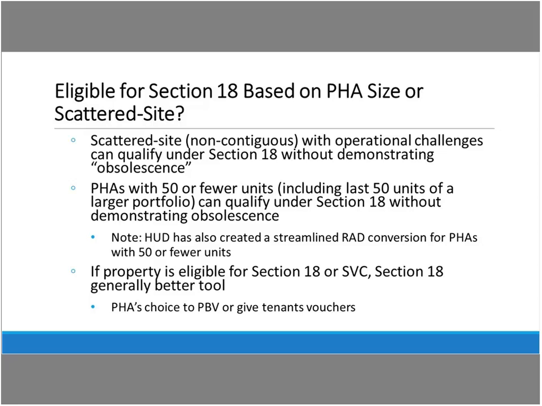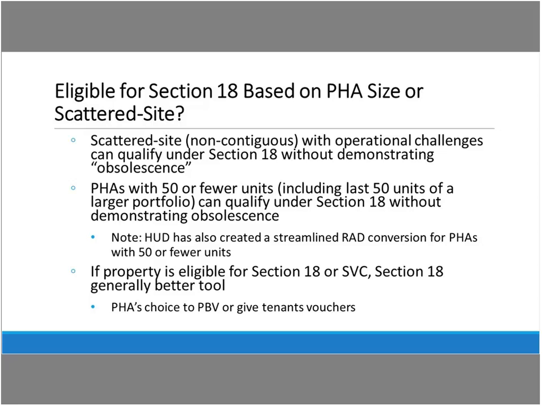Section 18 eligibility based upon PHA size or scattered sites. So again, scattered sites would be non-contiguous parcels of land which would have 4 or fewer units on them. The small housing authority is 50 or less, and that is at a point in time.